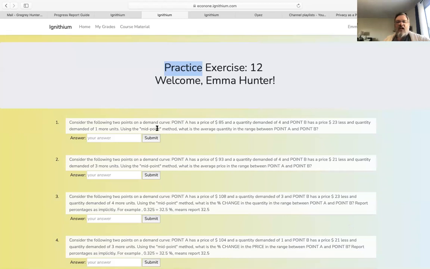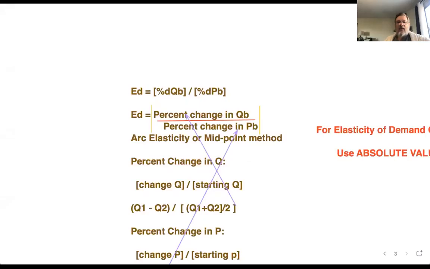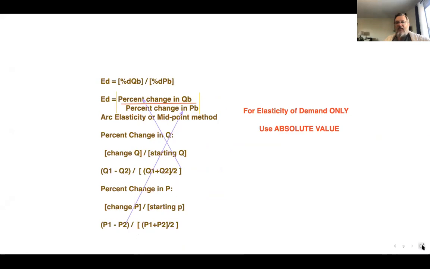If you notice, the way that I would start out is it's going to say, consider the following two points on a demand curve. So what I would do, if I was going to do this, is get out a piece of paper and basically have this graph, at least for the first one.